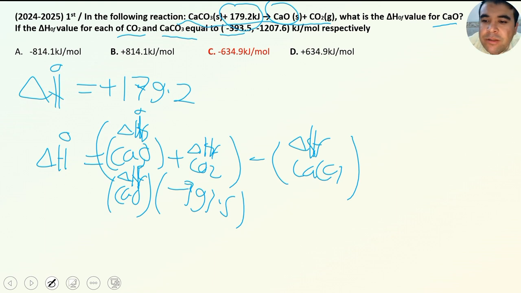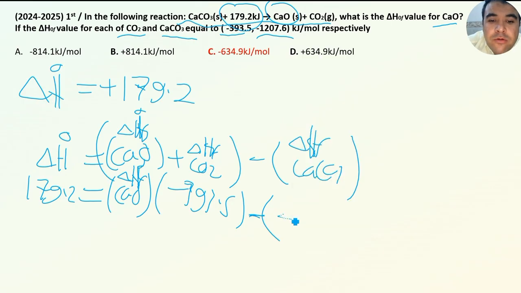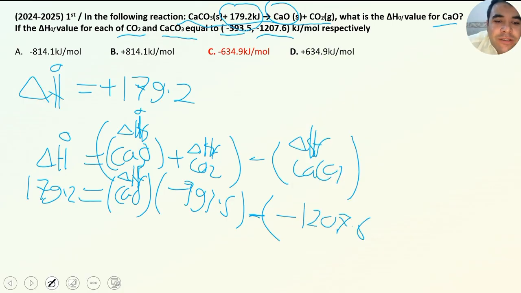That's a requirement. Equals, what's the delta H of the reaction? Of course, 179.2 minus the delta HF of the reactant, which is CaCO3. CaCO3 has the enthalpy of formation of minus 1207.6.